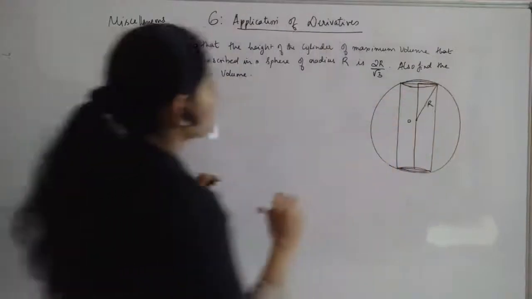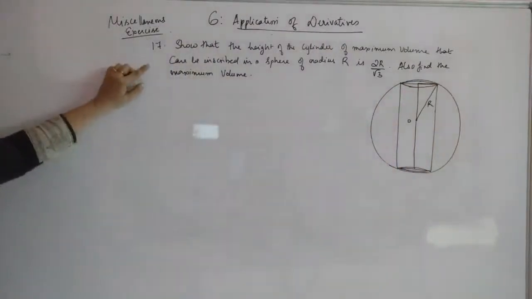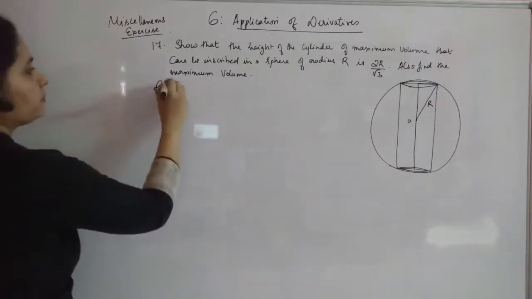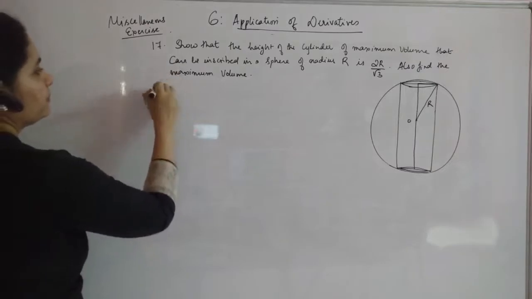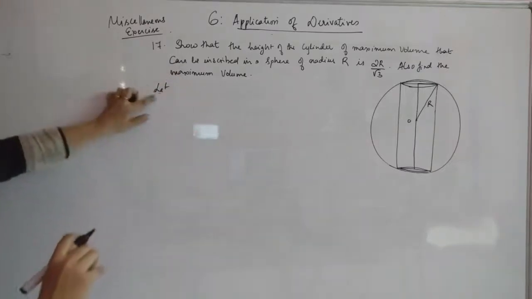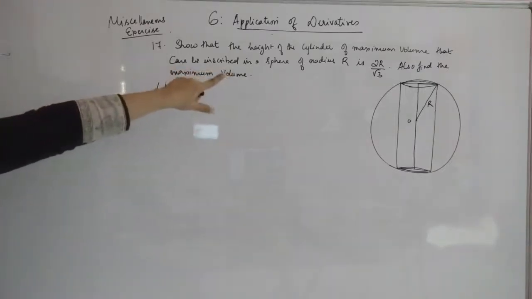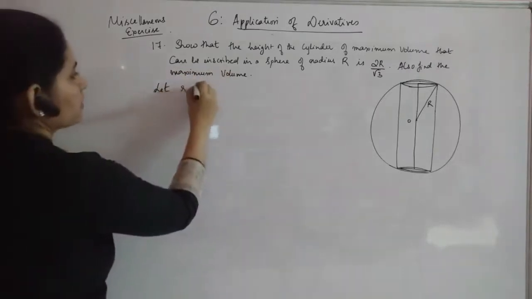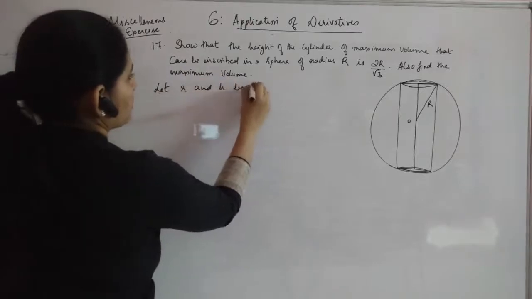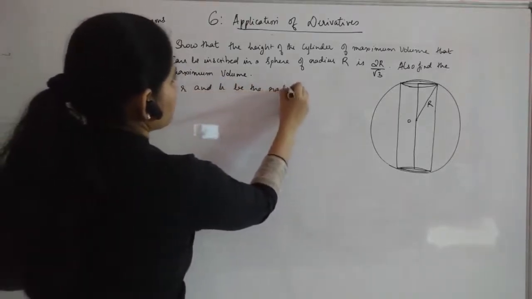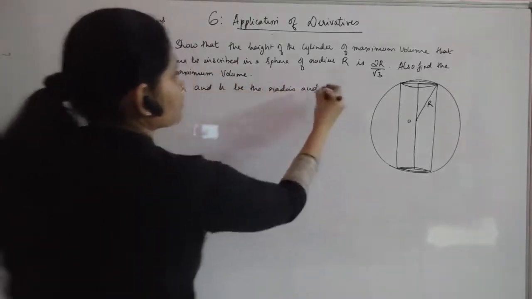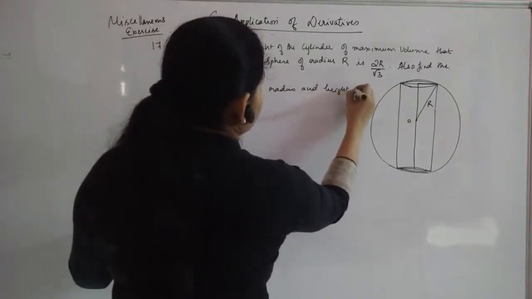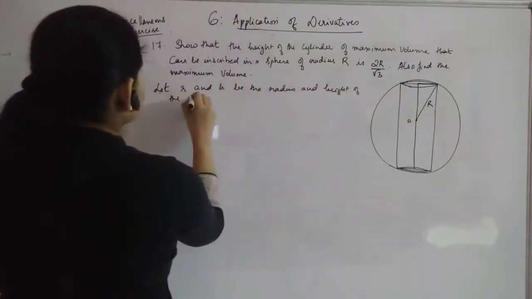We are just taking the radius and the height of the cylinder you have to take here. Okay, here we will use, since the radius is given to be capital R, we will use small r and small h as the radius and height or altitude of the cylinder.